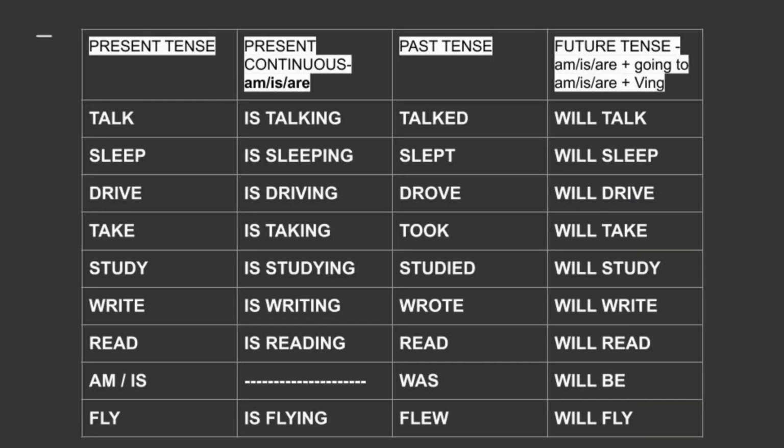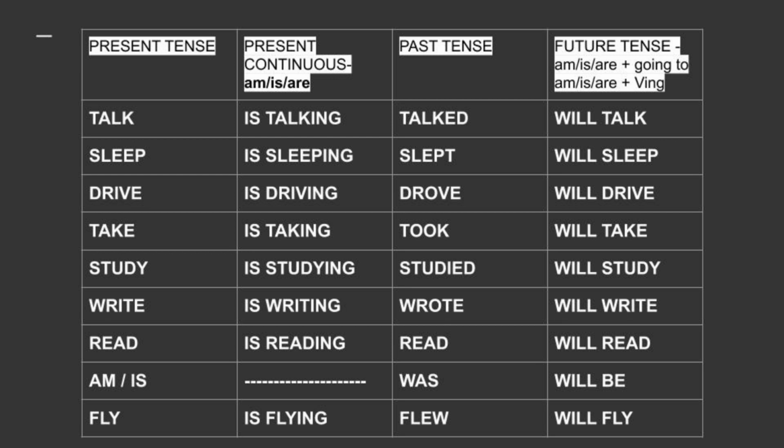Now let us look at the table and see how the verb changes. If you can just go through this every day with different verbs, it will be very easy for you when you construct sentences. So let's look at the slide. So look at the first one. Talk in present tense. In present continuous it becomes is talking.